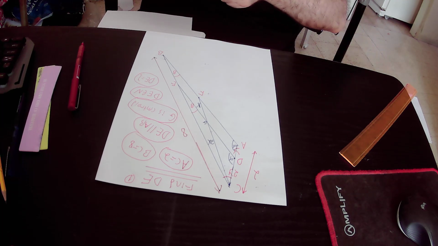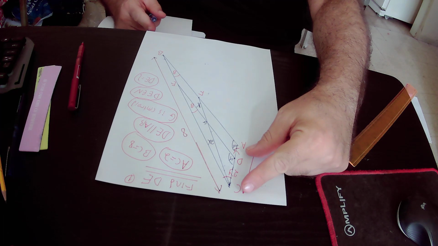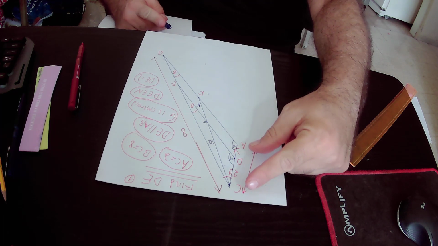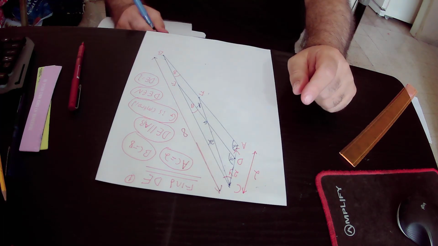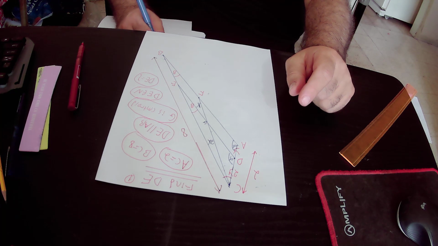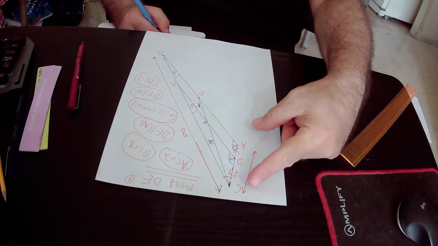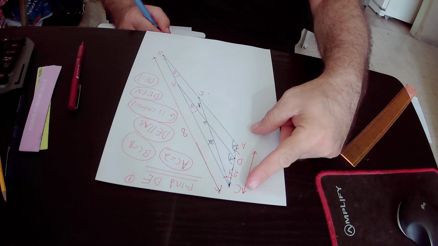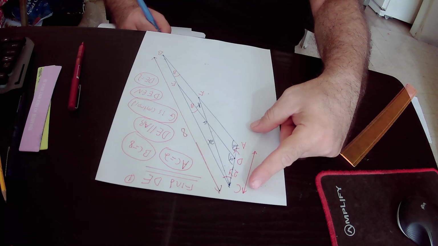But what is the value of CD? CD equals 2y. And what is the value of CA? CA equals CD plus DA. That is to say, CA equals 2y plus y.